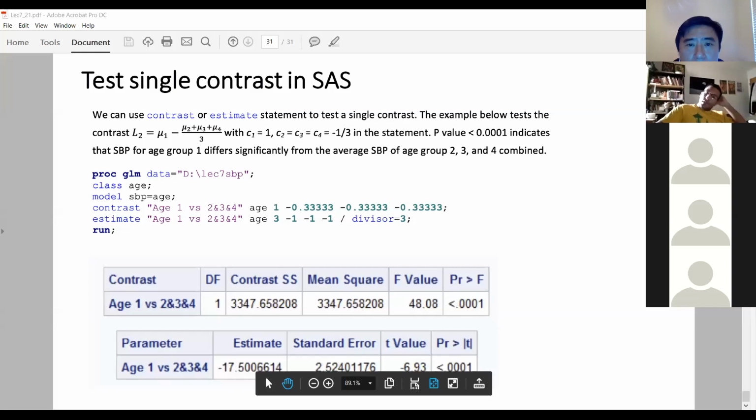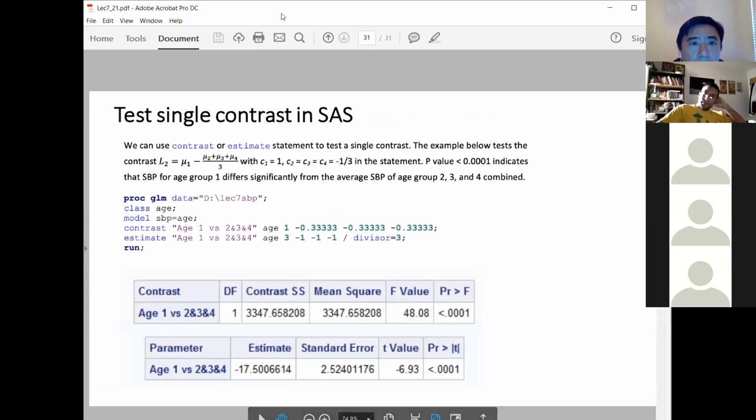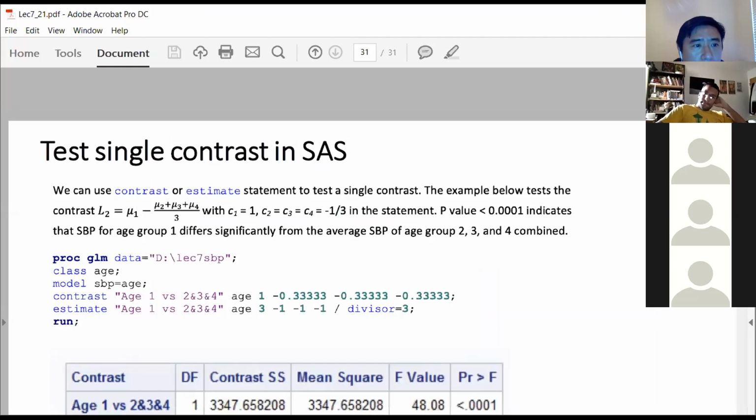Okay, looks like it's still on the same one. Let me see how I can, probably I need to close this one first. All right, and see if we can find the second part.